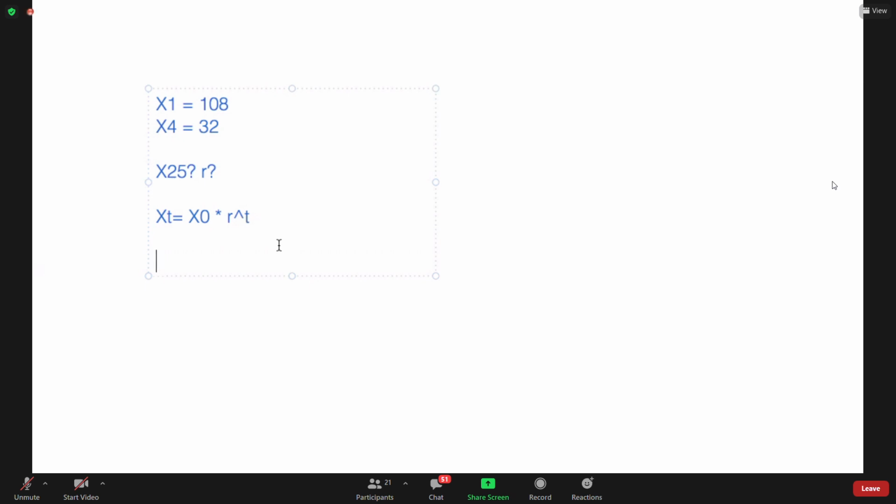Give me a second, guys. Okay. So the first thing that we notice about this exercise is that the formula starts with xt is equal to x0 multiplied by the ratio r to the power of t. We do not have x0 in this exercise. We have x1.